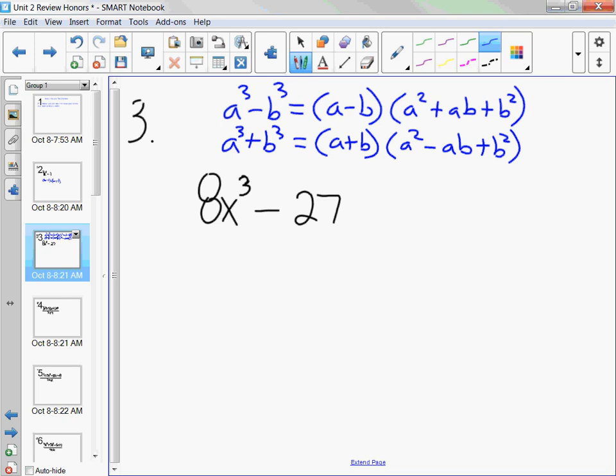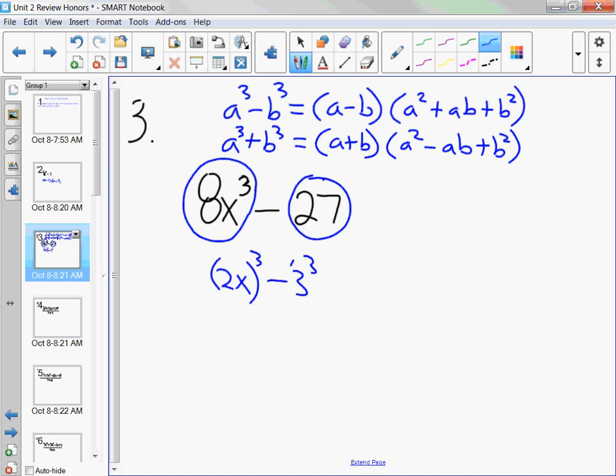But all we have to do is find the cube root of 8x cubed, which is 2x, and the cube root of 27, which is 3. And this is a, 2x is a, and 3 is b. So when we plug this in here, we're going to go back up to our a minus b, which is going to be 2x minus 3.